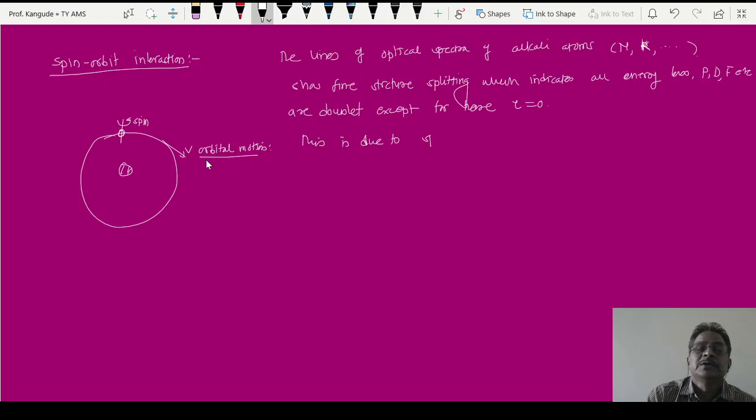This is due to spin orbit interaction acting on the optically active electron, so the last electron in the last orbit is called the optically active electron.